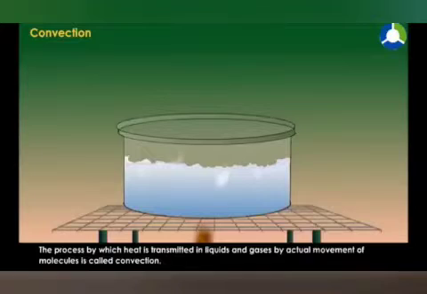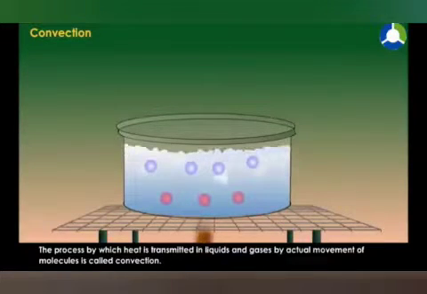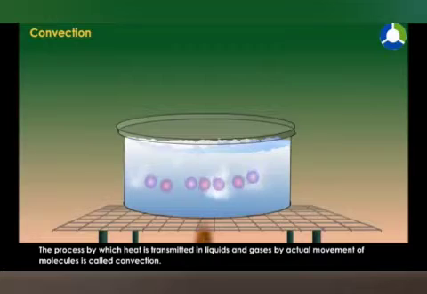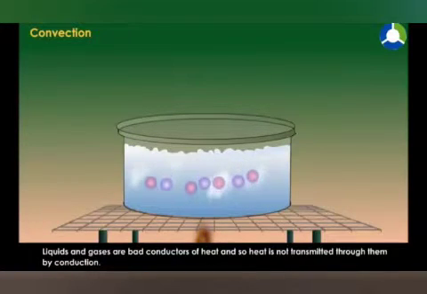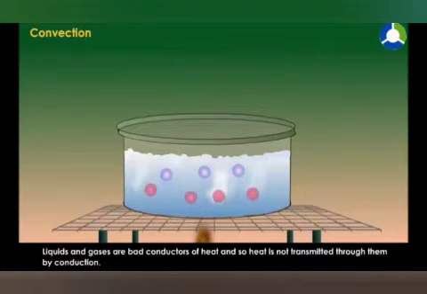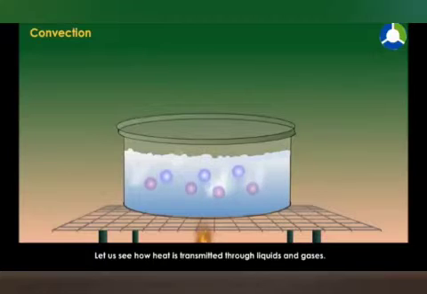Convection: the process by which heat is transmitted in liquids and gases by actual movement of molecules is called convection. Liquids and gases are bad conductors of heat, and so heat is not transmitted through them by conduction. Let us see how heat is transmitted through liquids and gases.